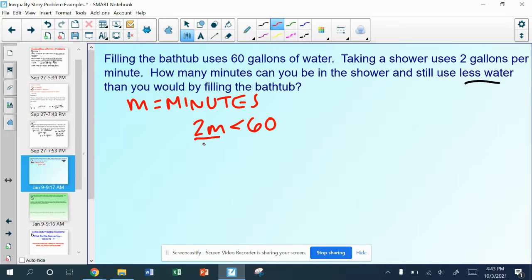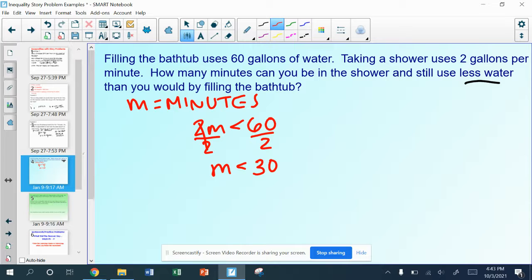When I solve this, I get M less than 30. So as long as your shower is less than 30 minutes, you're going to use less water in the shower than in the bath.